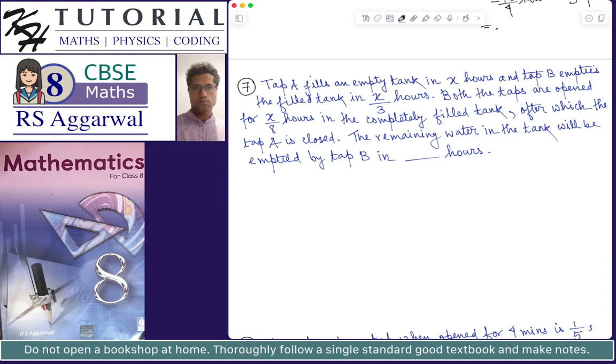After X by 8 hours tap A is closed. The remaining water in the tank will be emptied by tap B in how many hours?